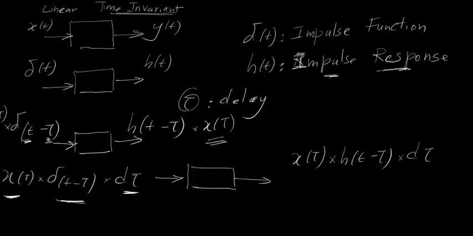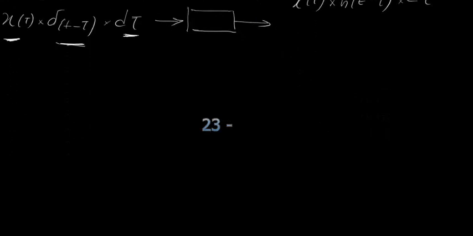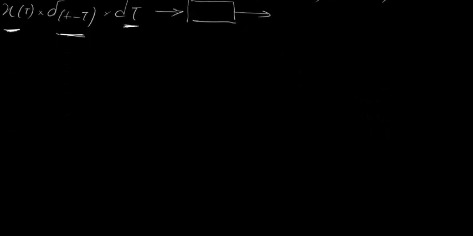Okay? Now again, because my system is linear, I can take all of these and add them up and let the delay vary over an infinite range of possibilities. So this is what I'm doing.